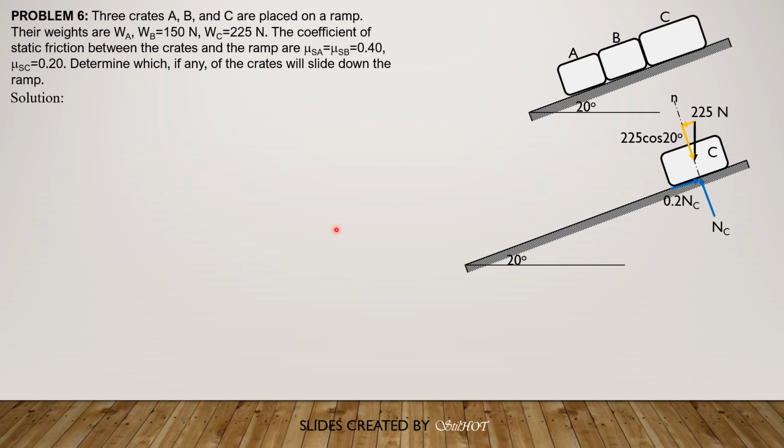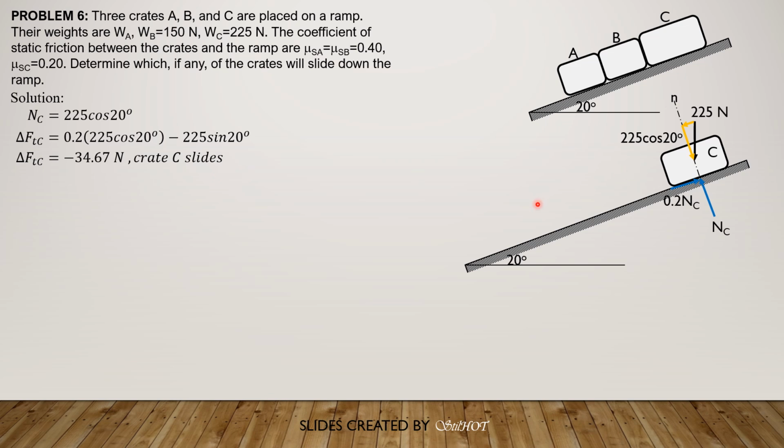If negative, then it will slide down the ramp. So N sub C is 225 cosine 20 degrees. Then let's call the net force delta FT sub C, tangential. So it is 0.2 of 225 cosine of 20, minus 225 sine of 20. The result is negative. So therefore, block C will slide down.